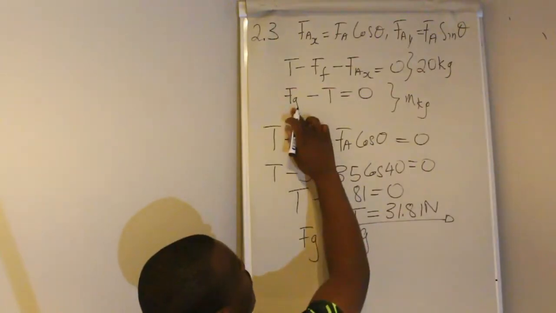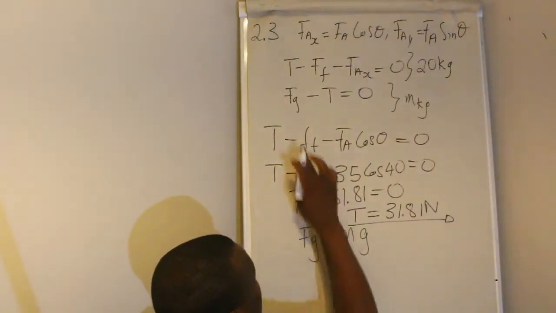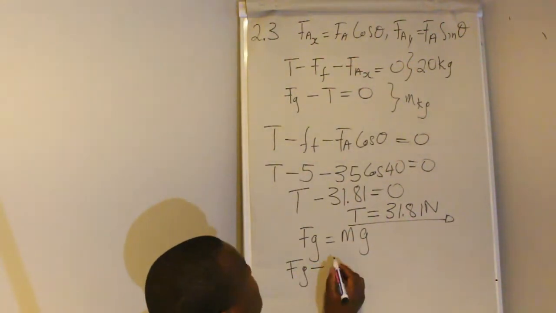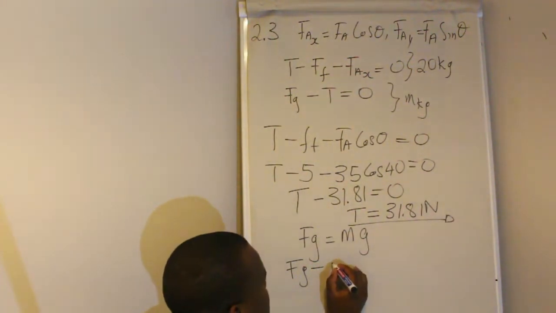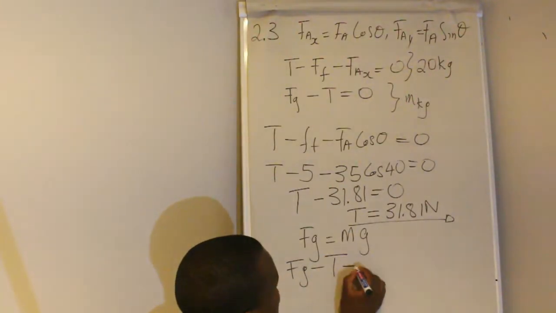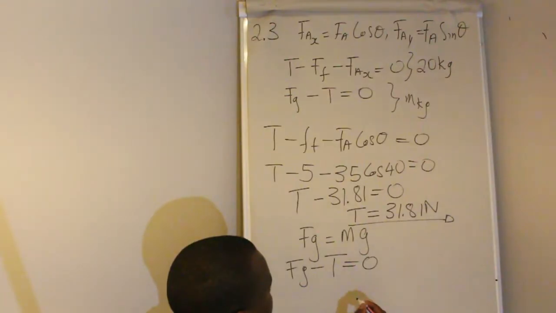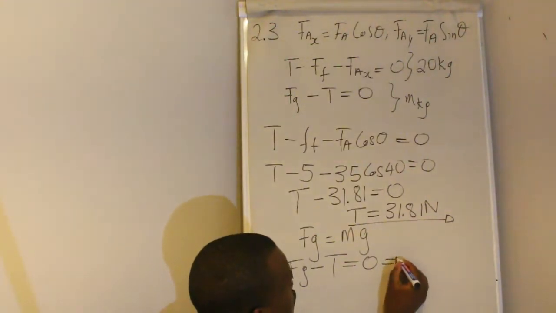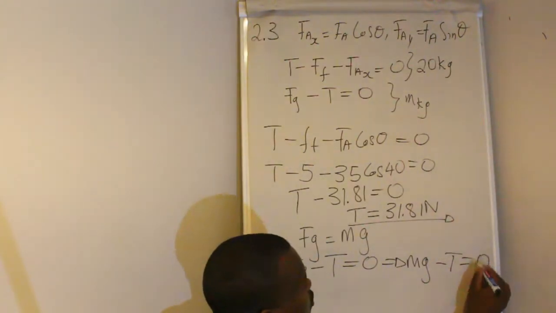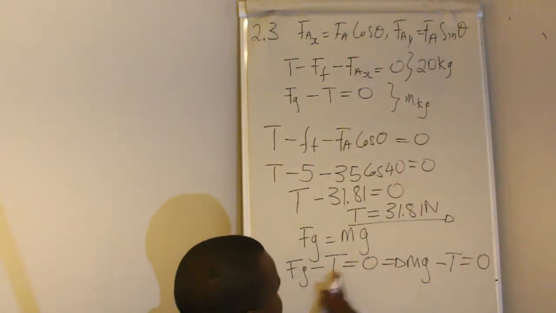So now, there you have Fg minus tension is equal to 0, which is equivalent to saying mg minus tension is equal to 0, because this is gravity.